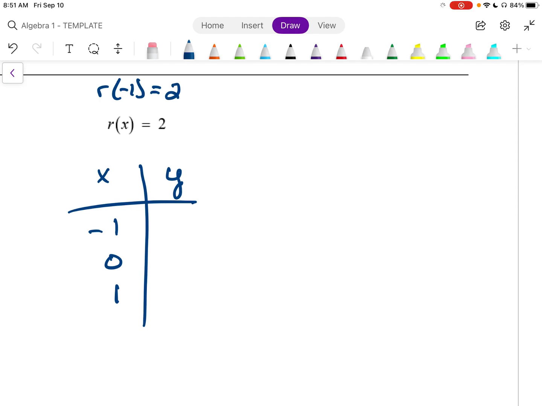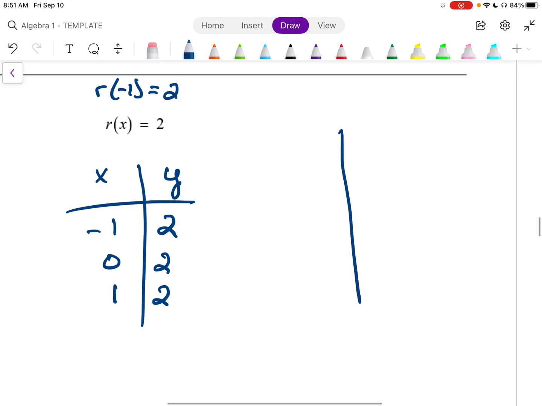Whenever you plug in negative 1, there's nowhere to plug it in, so you just get 2, right? Nothing changed. Whenever you plug in 0, you also get 2. Whenever you plug in 1, you get 2. This is called a constant line. Or a constant linear equation, maybe that's the better way to say that.